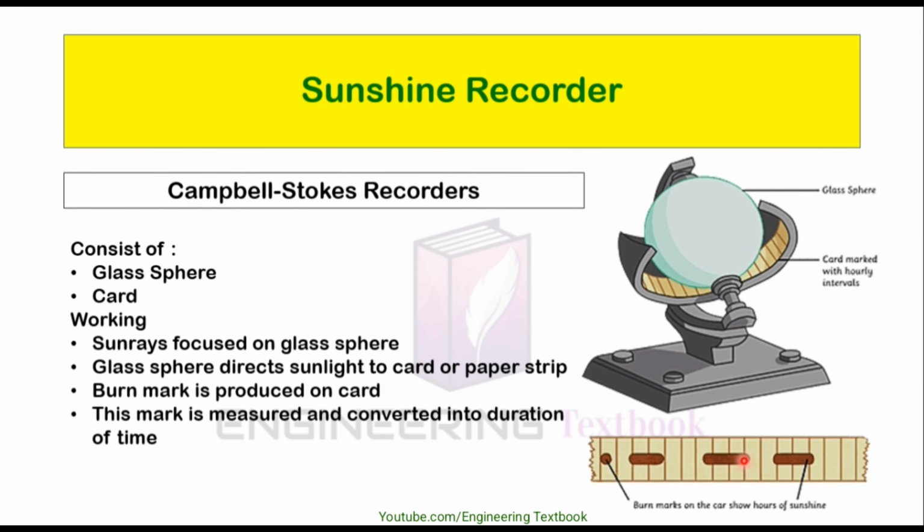This marking, called a trace, is measured and converted into a duration of time. The card is typically changed once a day. It is relatively accurate and provides a total duration of sunshine to the nearest tenth of an hour each day of the year.